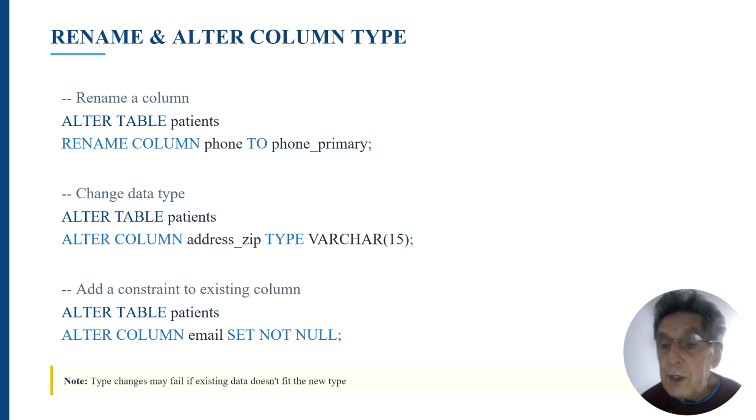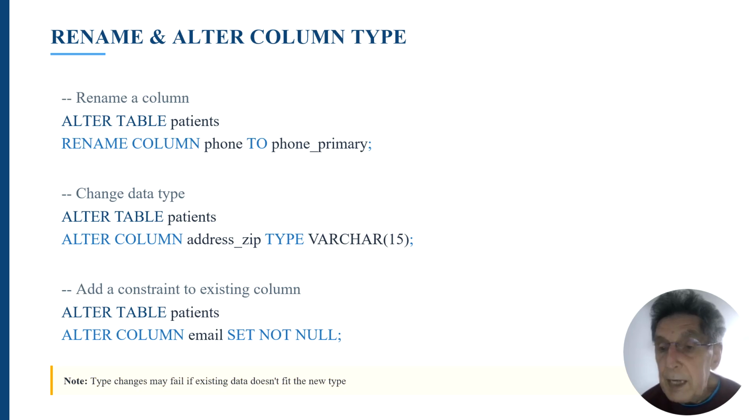To add a constraint, you can alter table patients, alter column, let's say email, and you can set it to not null. The use case where you might see this happen is for some legal requirements, you have to have an email address, like if the patient wants to access the patient portal.